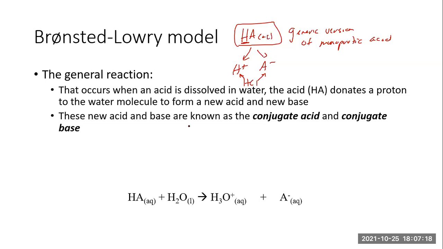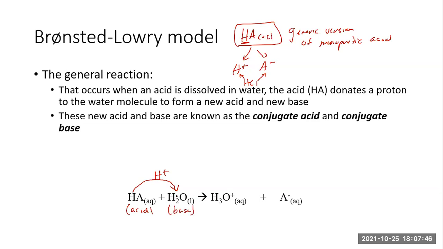Now, in this Bronsted-Lowry relationship, as we see here on the bottom, because this is an acid, this one right here is our acid, it will end up donating its proton to water in this case. And since water is accepting the proton, water in this case is acting as a base.